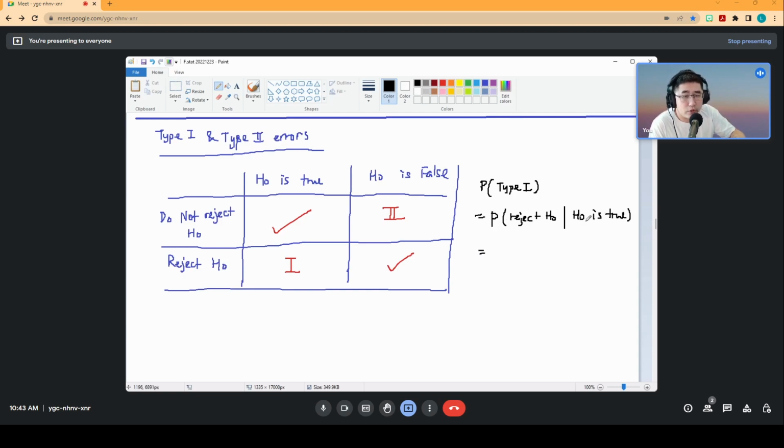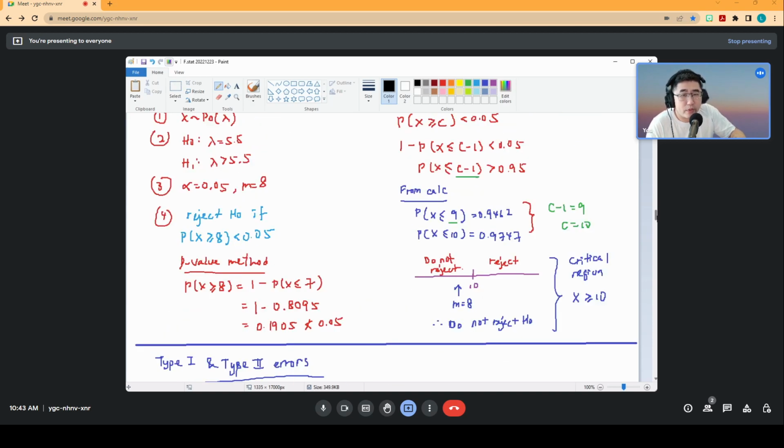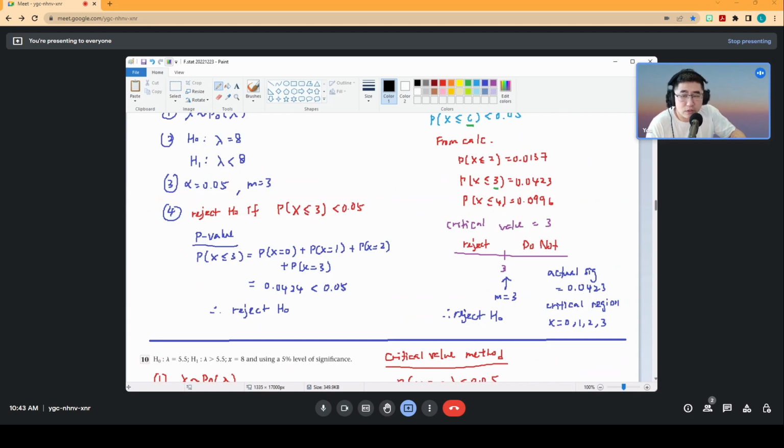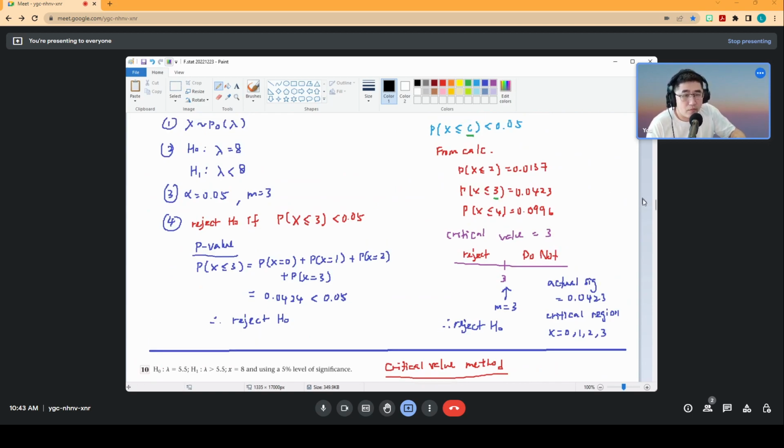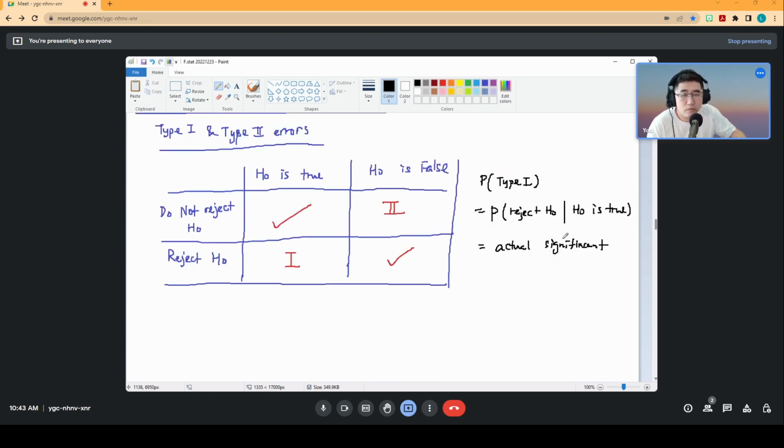We reject H0 when H0 is true. The value that occurs here is your actual significance, which is whatever we discussed earlier, the actual significance. That will be the probability of type 1 error.